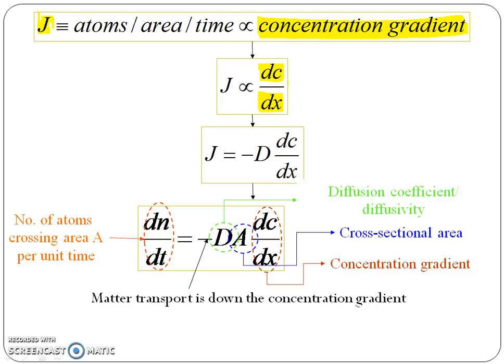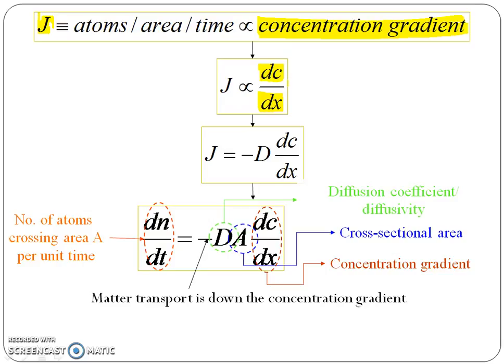So the surface area was capital A. So 1 by A dN/dt is the flux again. Already we defined J equal to 1 by A dN/dt. So dN is the number of moles crossing through the perpendicular area A within the time dt. So 1 by A dN/dt must be flux J, that is equal to minus capital D into dc by dx.